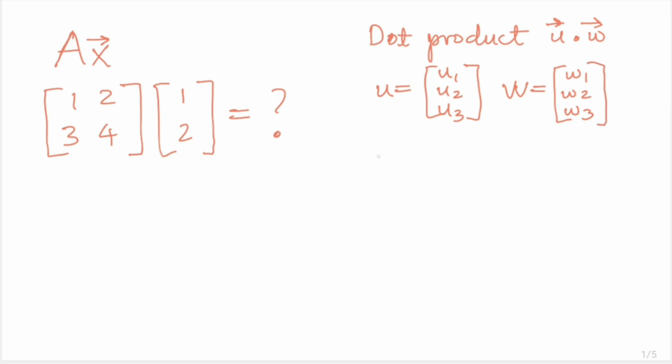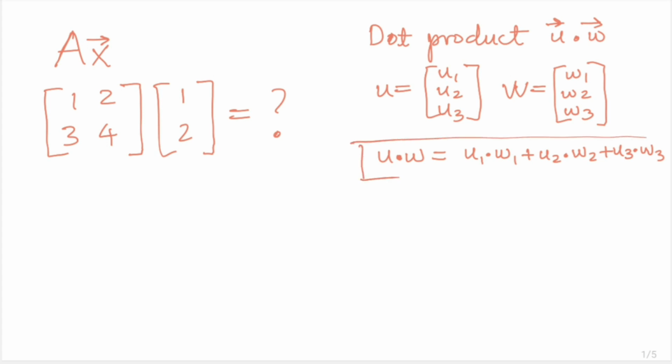Then the dot product of u and w, here I'm omitting the arrows, we understand that they are vectors, is defined as u1 times w1 plus u2 times w2 plus u3 times w3. So that's the definition of the dot product. And the dot product is a number or a scalar, so sometimes it is called a scalar product.